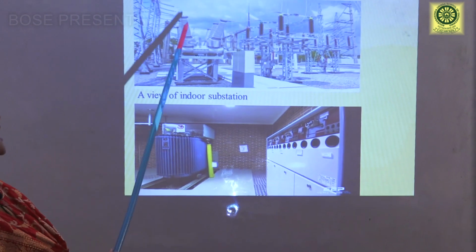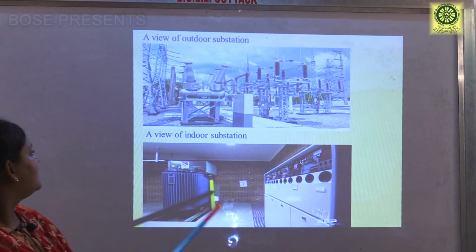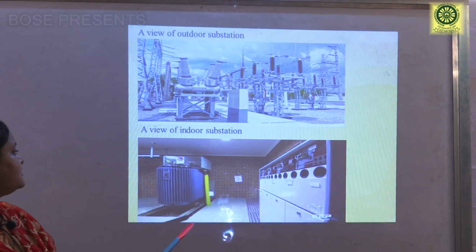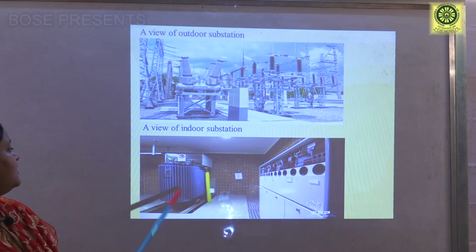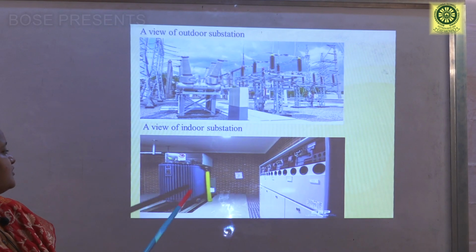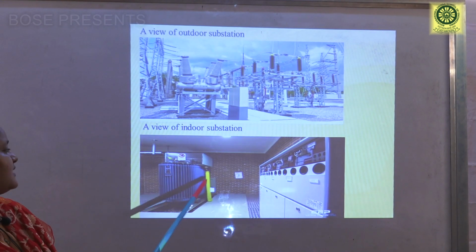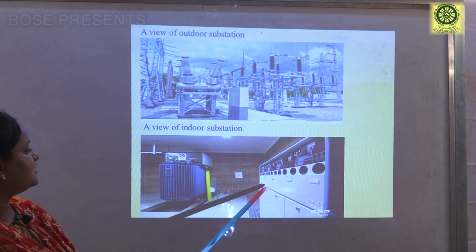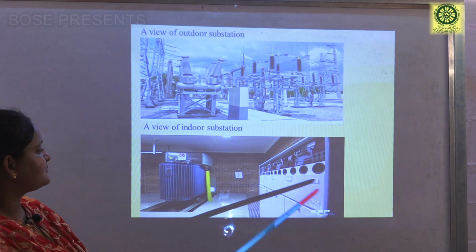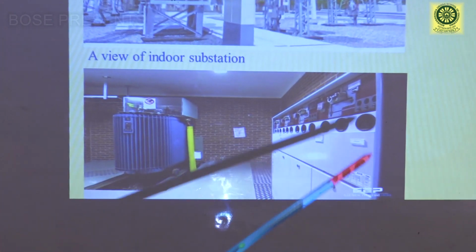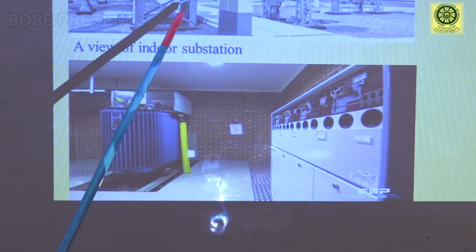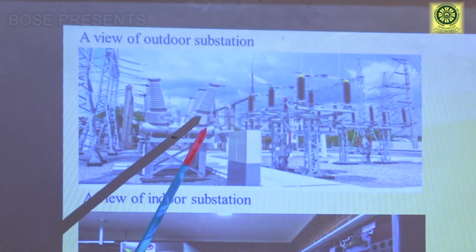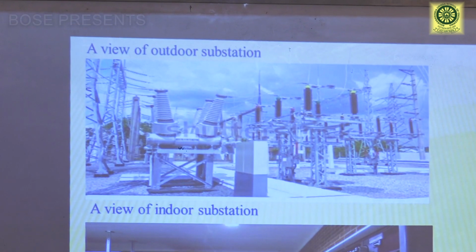This is a view of how an outdoor substation looks, and this is a view of an indoor substation. This is a view of metal fencing also. You can see how a transformer is fenced by metal, and here are circuit breakers placed for switching purposes. This is a foundation mounted outdoor substation, and this is an indoor substation.